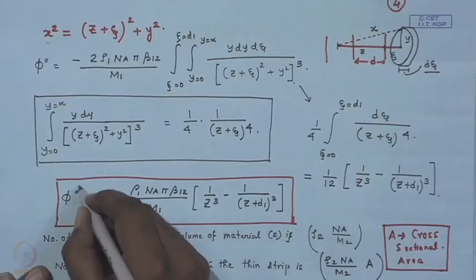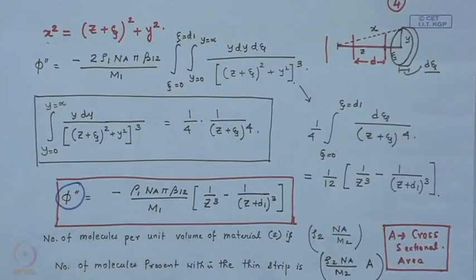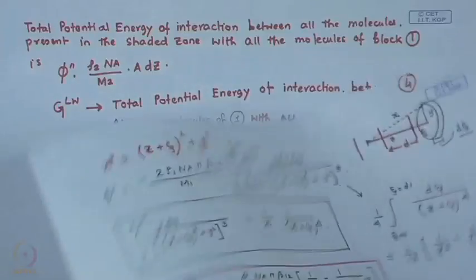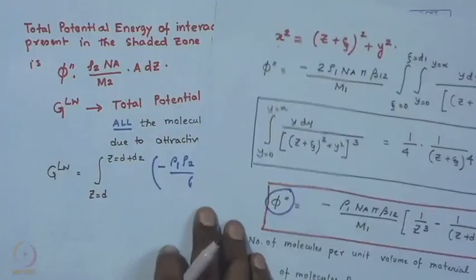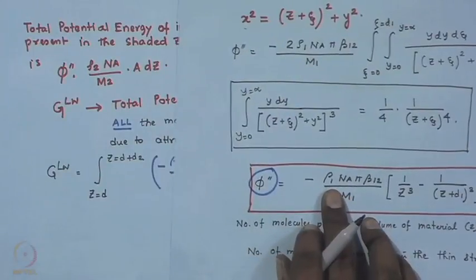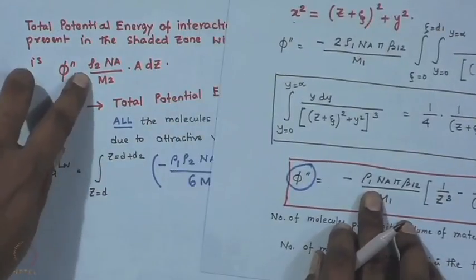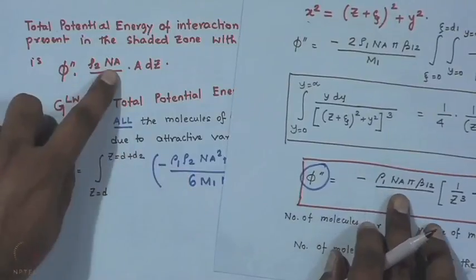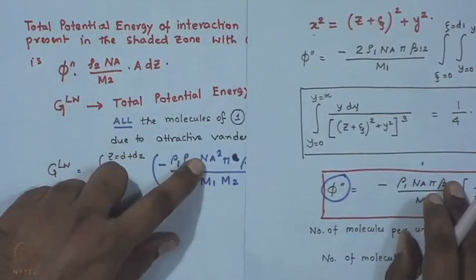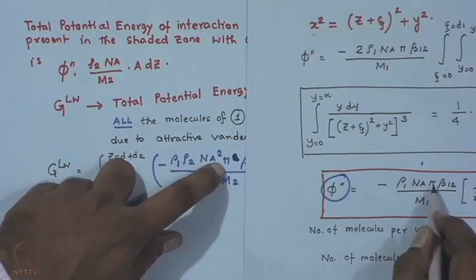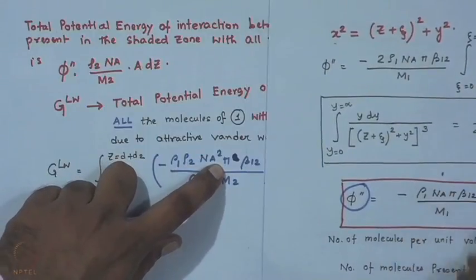Okay, so this is phi double dash, the expression of that we have multiplied by the number of molecules present within this thin strip. So, you see this rho 1 was there. So, this gets multiplied by rho 2 as well. So, rho 1 rho 2 Na was here, Na comes from here as well. So, you have Na square, you had a pi over here. So, it is sitting this pi, you had beta 1 2.